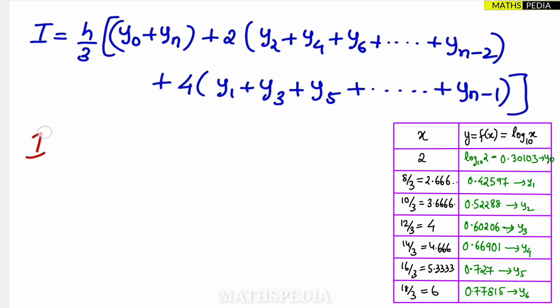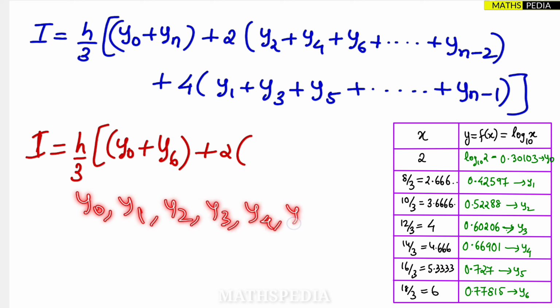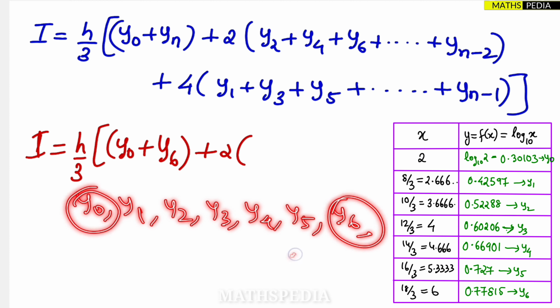Now we have to find the I value. I is equal to h by 3 into y0 plus yn. yn is y6, which is the last term in the table, as you can see, plus 2 times the even-indexed terms. We have y0, y1, y2, y3, y4, 5 and 6. In this, y0 and y6 we have already taken.